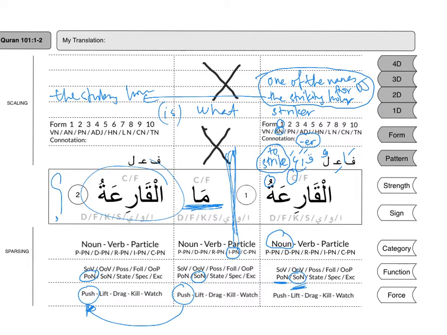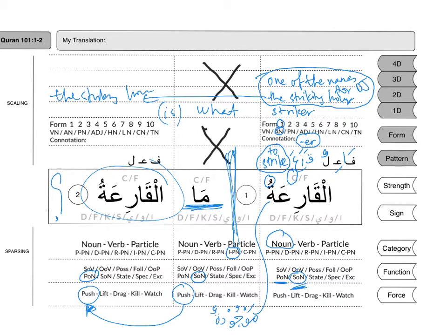It's as if God is saying the striking hour is there, the striking hour is true, the striking hour exists. How do you say that in Arabic? You say al-qari'atu mawjudatun.